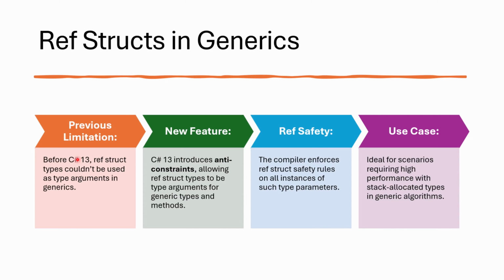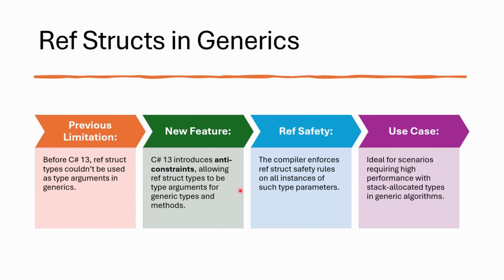In early versions of C#, you could not use ref struct types as type arguments for generic types or methods. This was a limitation for high performance scenarios where stack allocated types are crucial. With C# 13, this changed. Now you can add an anti-constraint to a generic declaration, which implicitly allows ref struct types as type arguments.